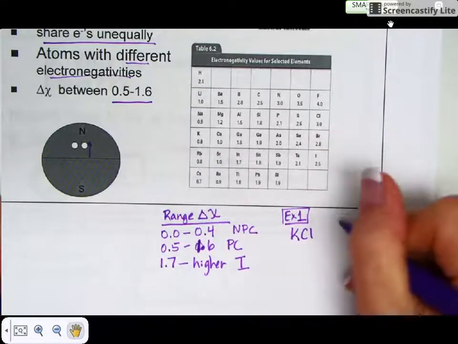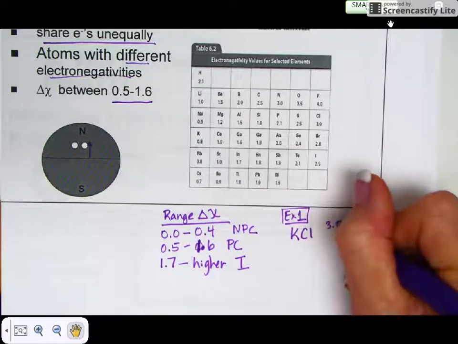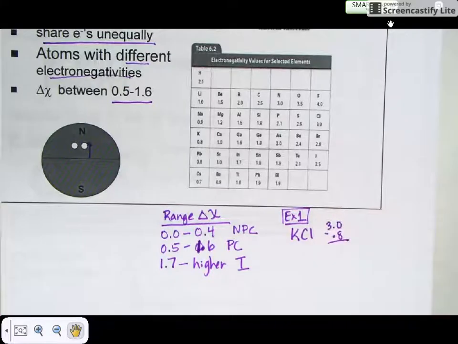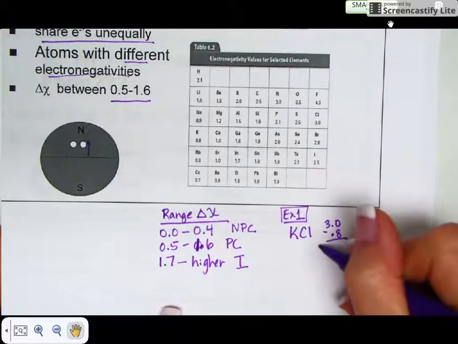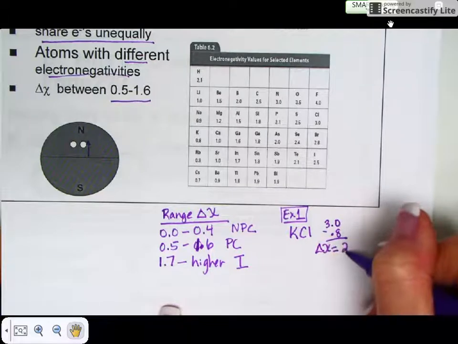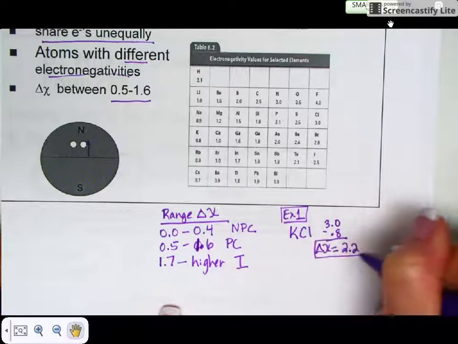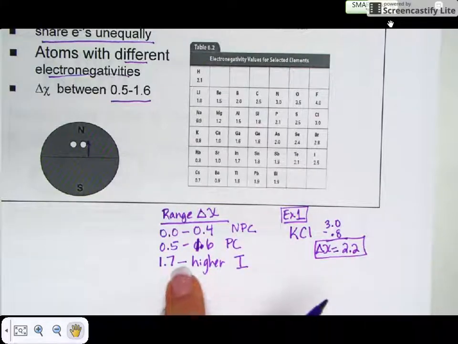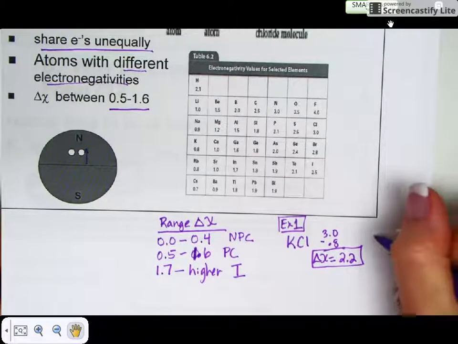So you're going to subtract: 3.0 minus 0.8, and you get a difference of the electronegativities of 2.2. If you look over here and classify, 2.2 falls in this range. So that's ionic.